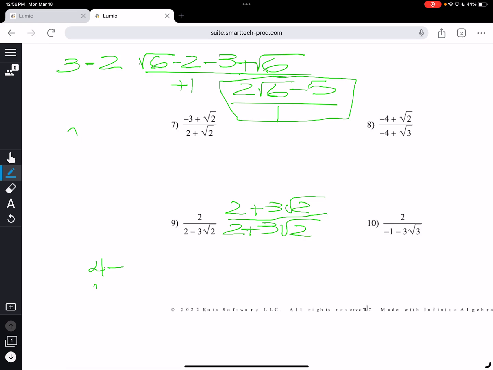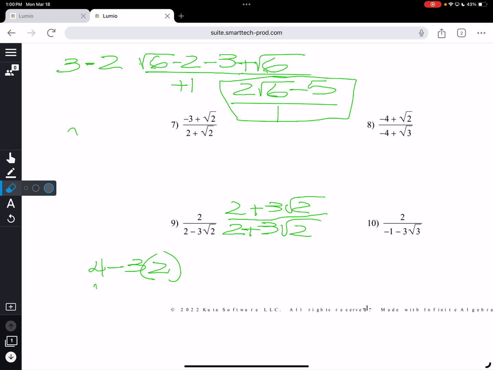What's the denominator? Negative 3? Is it negative 3? No, it's not. So 2 times 2, that is 4. And then 3, but I forgot to square it.